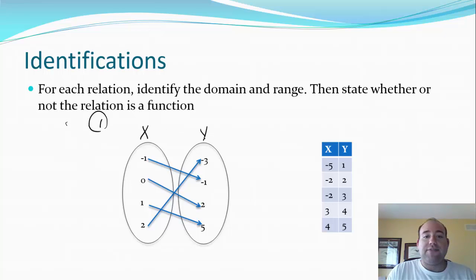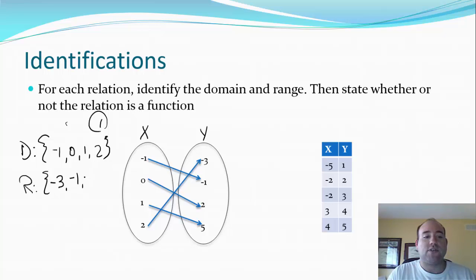The left oval is always the x, the right oval is always the y's. To get the domain and range from a mapping diagram, all you do is you throw in all the numbers from the left into your domain and all the numbers from the right to your range. By the way, I didn't do this.